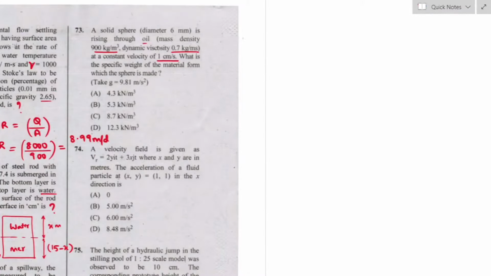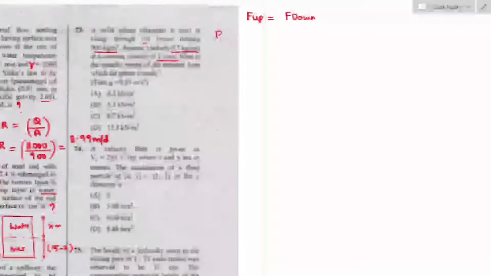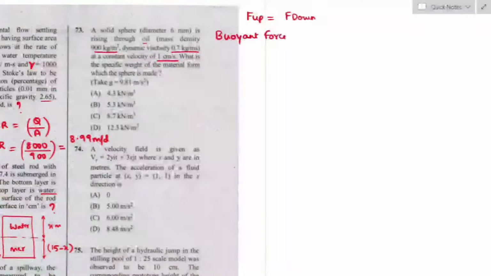In the dynamic equation condition, upward force is equal to downward force. Upward force is nothing but buoyant force, and the downward force is the sum of weight of sphere plus drag force.